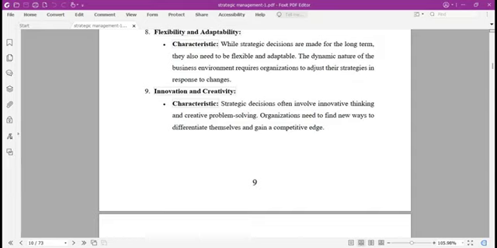Therefore, for any organization to thrive, to remain a dominant force, to keep moving, to last long, to remain competitive in the market, such an organization must subject itself to creativity and innovation.